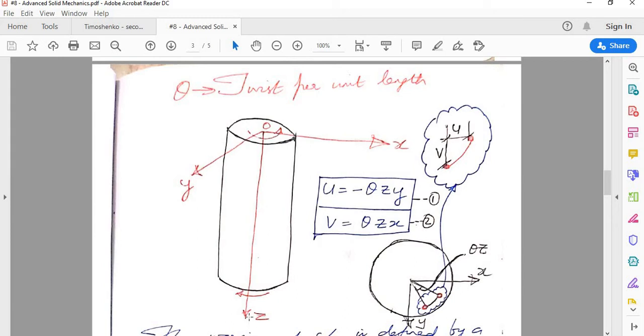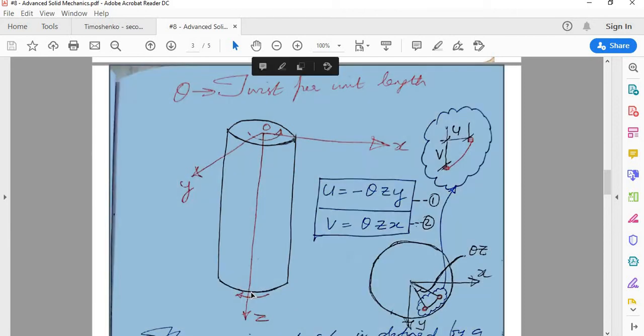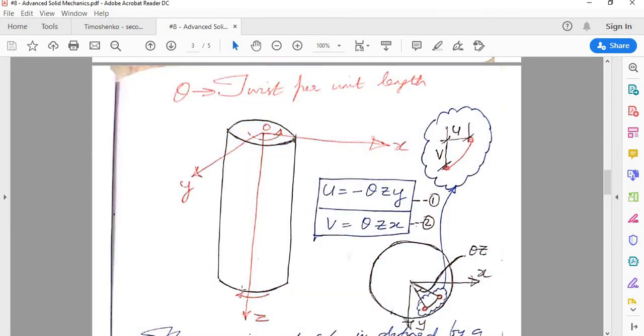Remember, I told you in the beginning of the lecture, we will be discussing the three-dimensional aspects, so we will have all three coordinate axes. Imagine this bar is fixed at this end, and you are subjecting it to a torsion at this end. So it will twist. As a result of that twist, you can calculate the deflections.